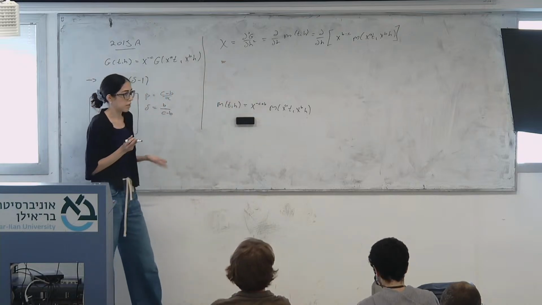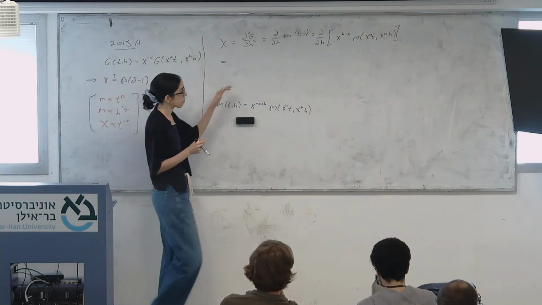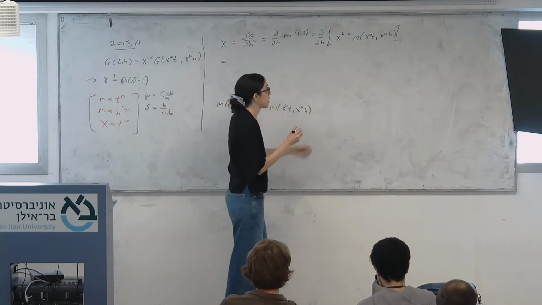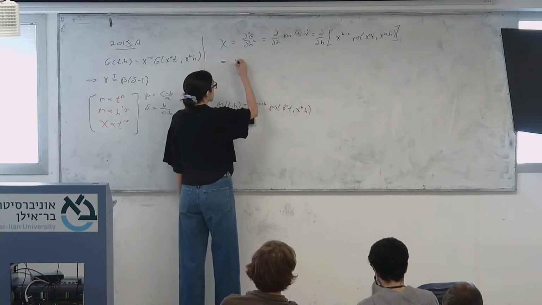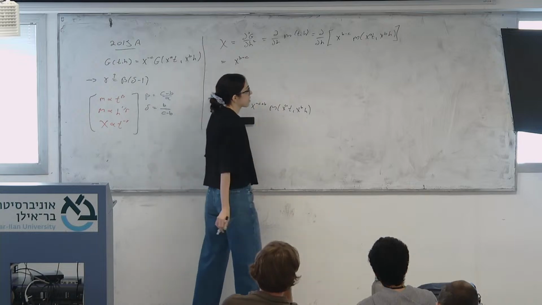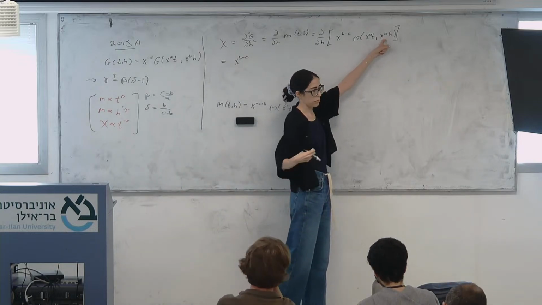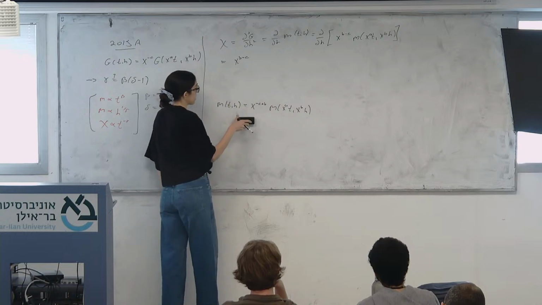So we're going to do the same as we did for the free energy. We're going to do derivative by parts, which is going to give us x to the b minus c, and then the derivative of that by h is going to give us another b.